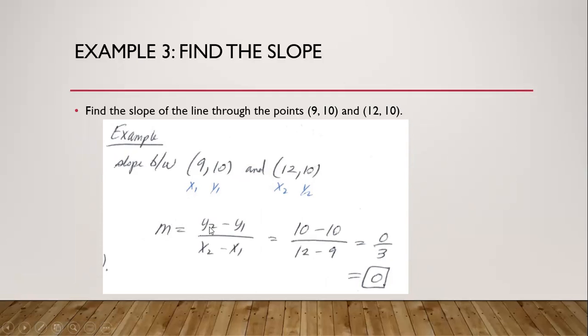Then we plug it into our formula. We know what everything is because we labeled it. It's 10 minus 10 and 12 minus 9. I won't belabor that point. I think we got that basic concept.